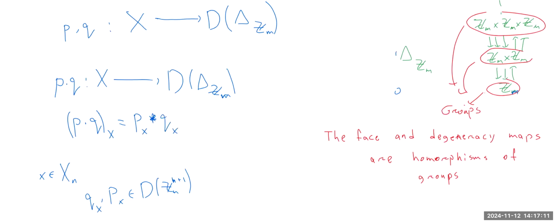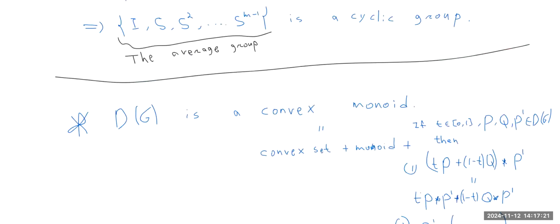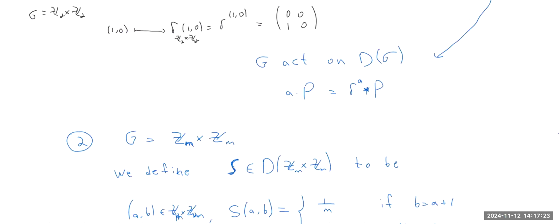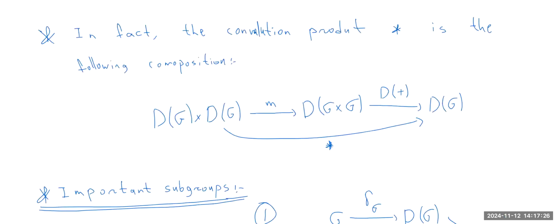But why does it work? What gives us simplicial things? This is actually because of the naturality, because of this definition. We define the convolution like this, and we know that it has good properties, one of them the naturality.